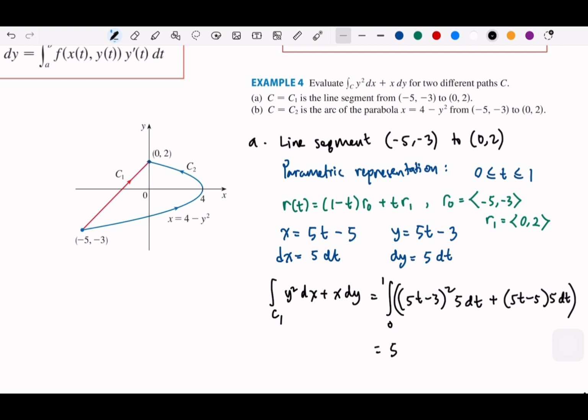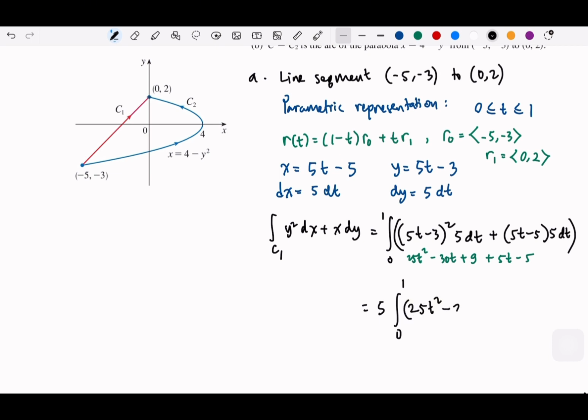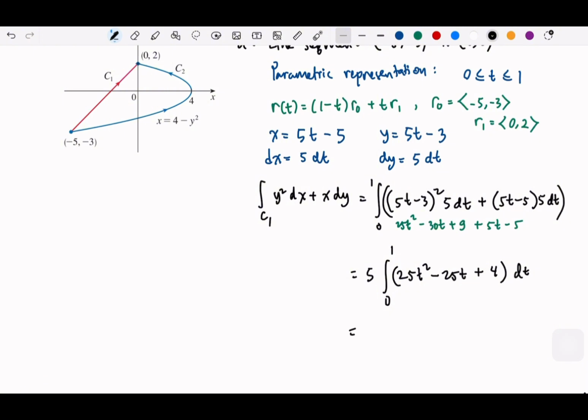We can factor out 5. This will be 25t squared minus 25t plus 4 dt. I think it is easy to compute.